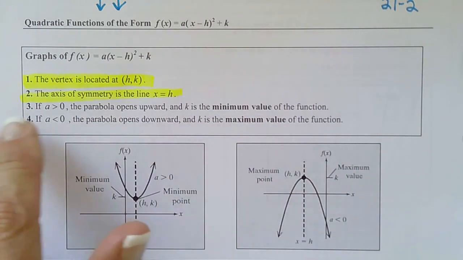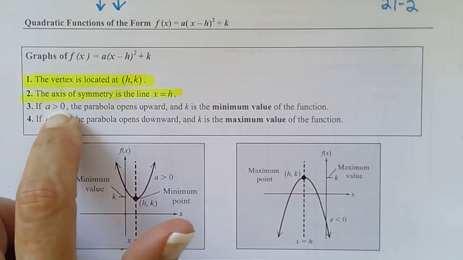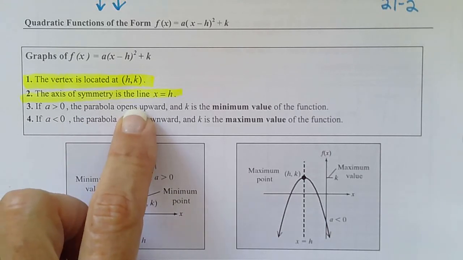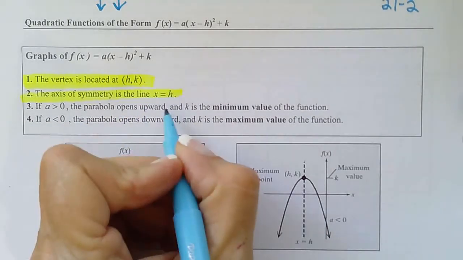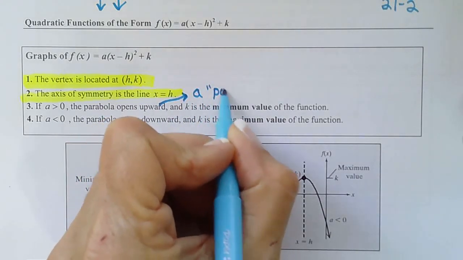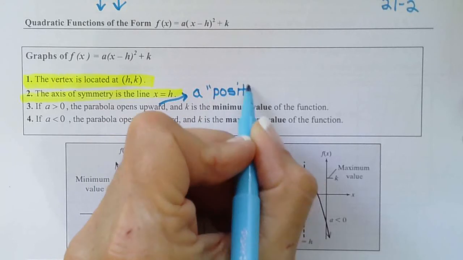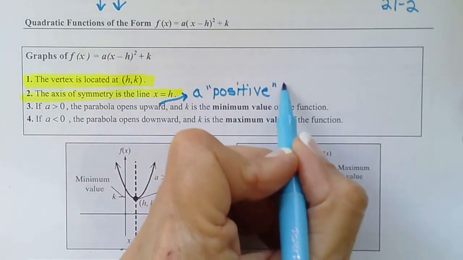And we already know that when the value of a is greater than 0, which means it's positive, it opens up. So let's just write that. A positive, that's the number in front, remember, is the a. That means it opens up.